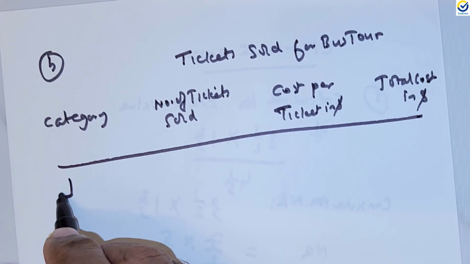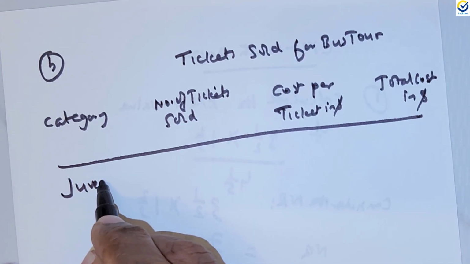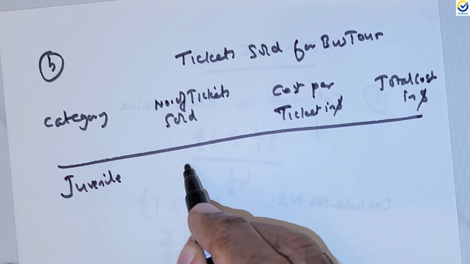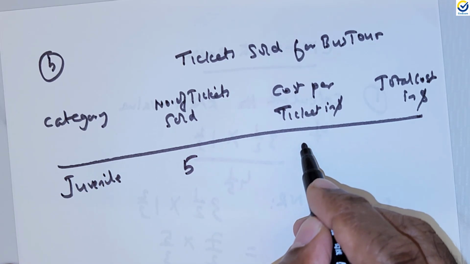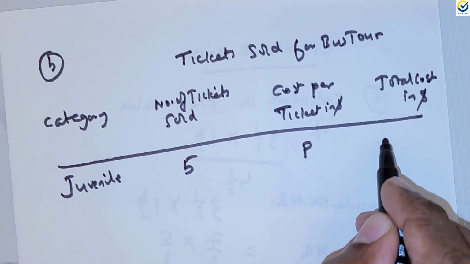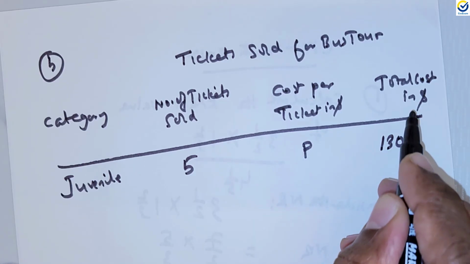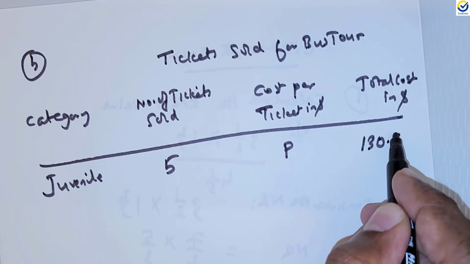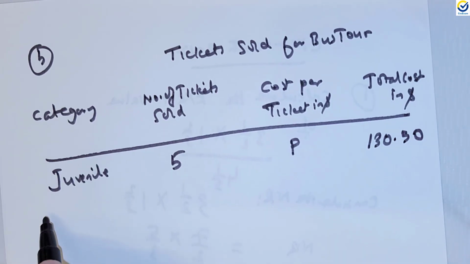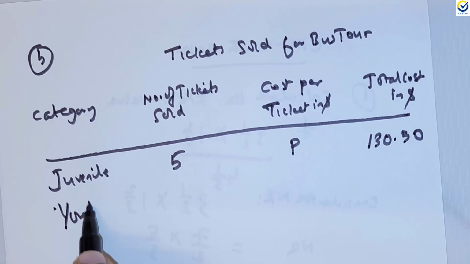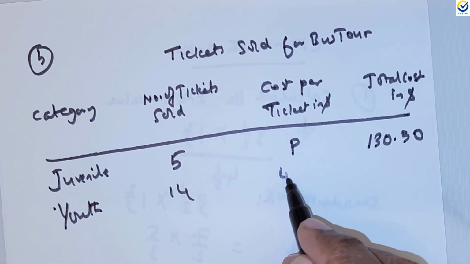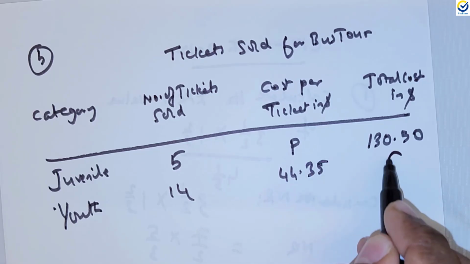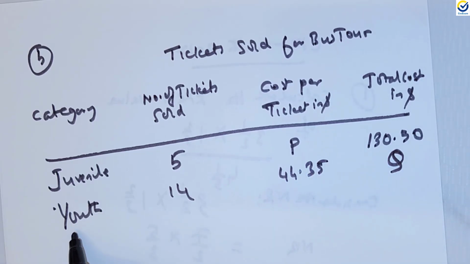So this is juvenile, and the number of tickets sold is 5. Cost per ticket is given as P, and the total cost is 130.50. Now youth, it's given as 14. Cost per ticket is 44.35. This is given as Q.